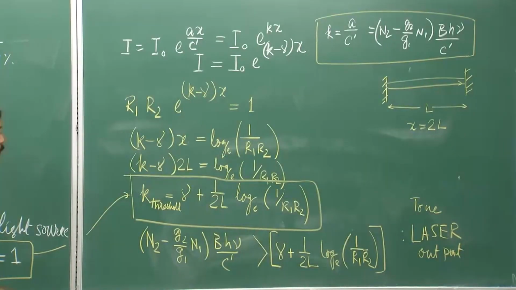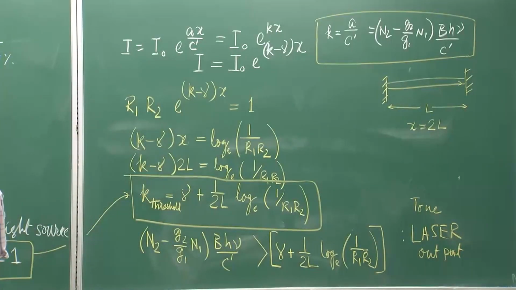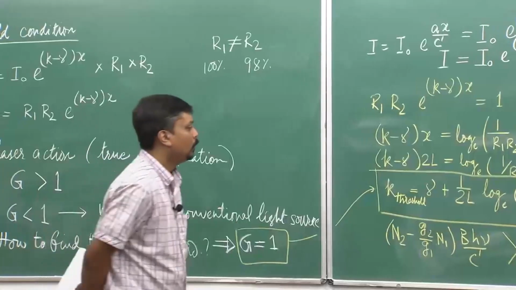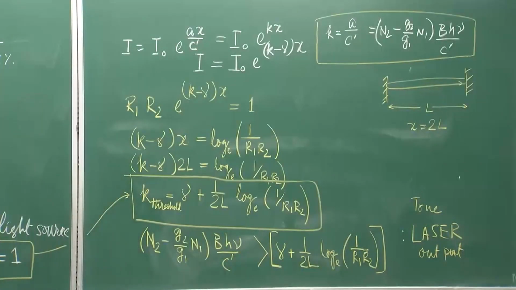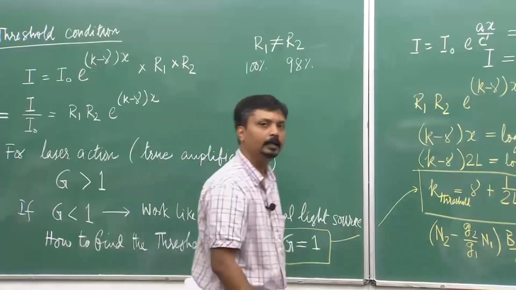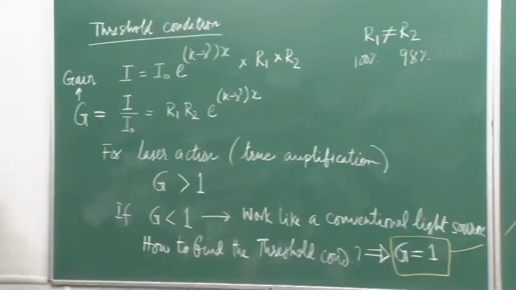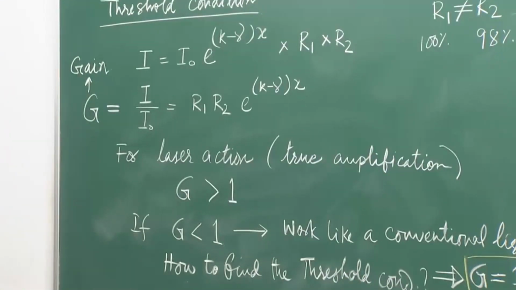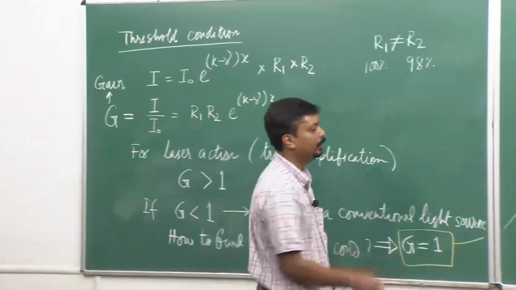If I have this gain coefficient less than or equal to this threshold value, I will not see any laser output. Only when it goes above this value do I get a laser output. So, this is how we get the condition for getting laser, the threshold condition for getting laser.